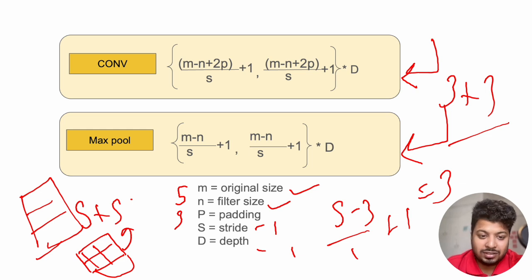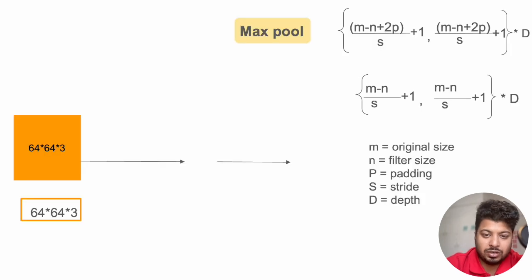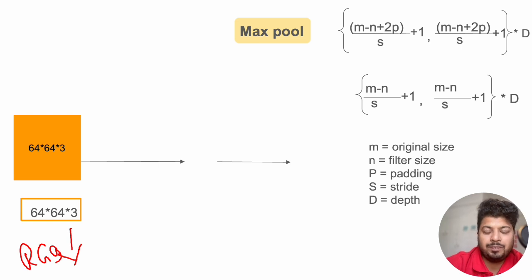Now to understand it in more detail, let me take you through an example of how we actually apply a convolutional operation and a max pool operation on top of an image. So here is our image. Let's suppose I have an image of 64 cross 64 cross 3. Here 3 represents that it's an RGB image, that means it's a 3-channel image.